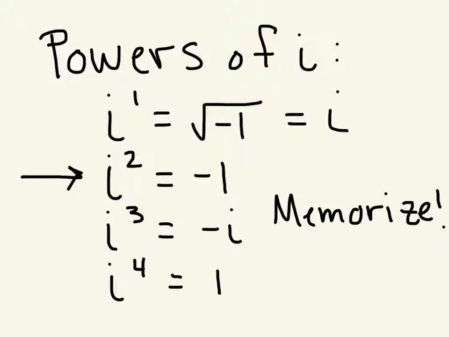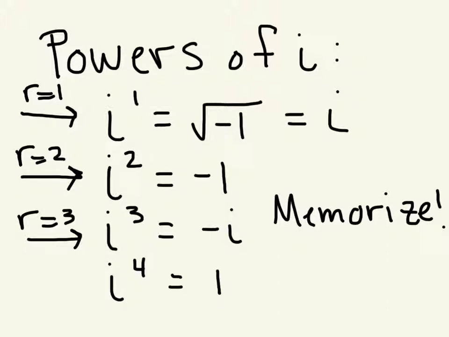Likewise, any exponent will yield i to the 1 if our remainder is 1, i to the 2 if our remainder is 2, i to the 3 if our remainder is 3, and i to the 4th if our remainder is 0, since it would be evenly divisible by 4.